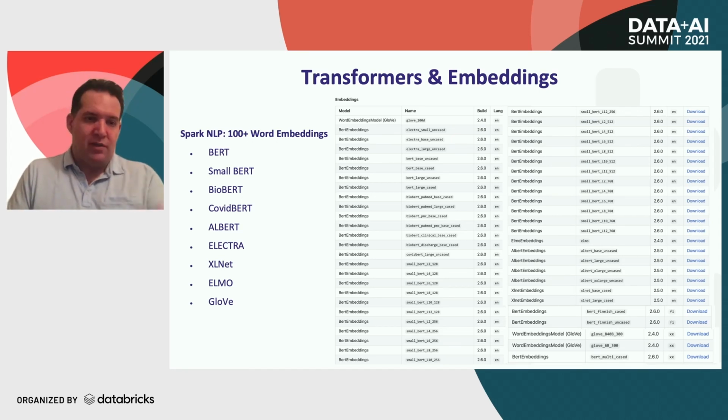Spark NLP includes most of the models that have achieved state-of-the-art results in recent years, and well over 100, if not hundreds, of different types of embeddings and transformers that come with the library and enable you to make different trade-offs. As you know, some embeddings and transformers are tuned for specific domains, like the legal domain or the healthcare domain, or trained for German or Bengali or Japanese.